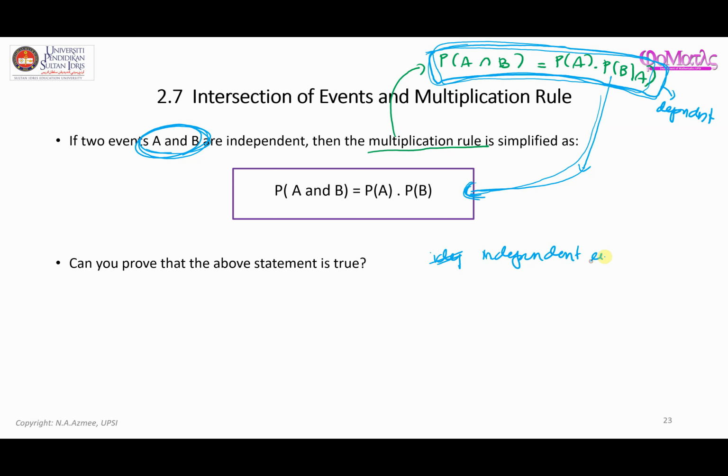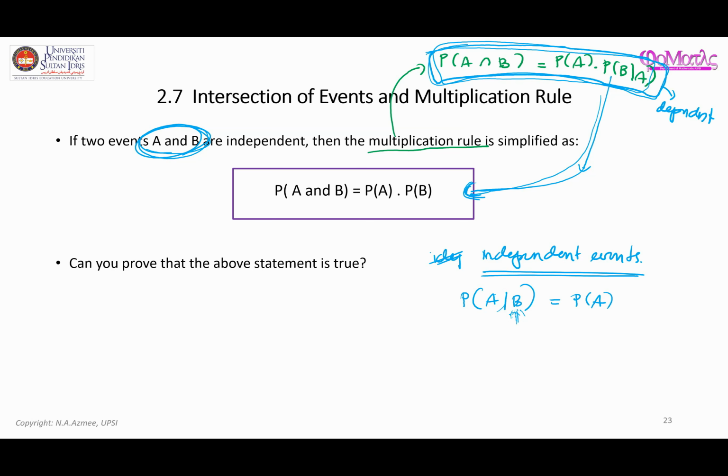If A and B are independent, the probability of A given B is equal to the probability of A, because whatever happens with B will not change the probability of A happening. B doesn't play a role in changing the probability of A.